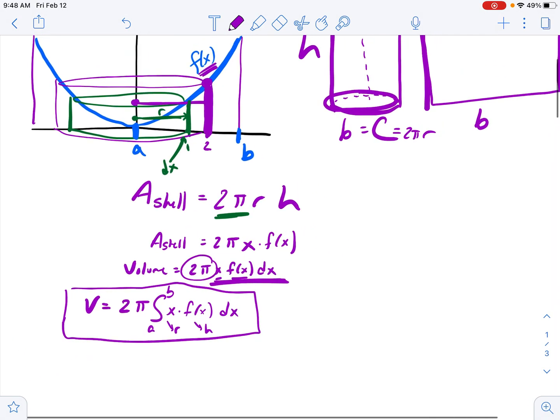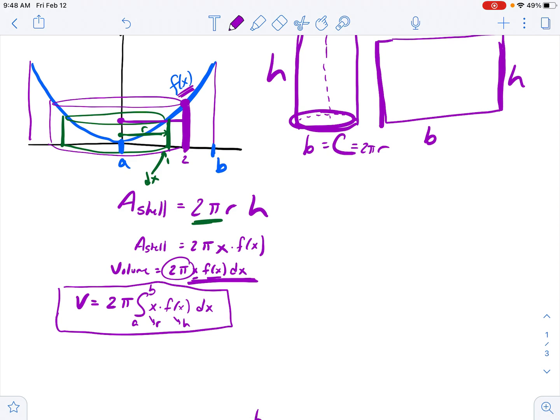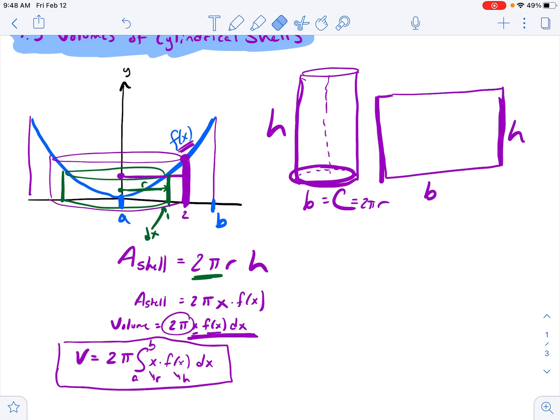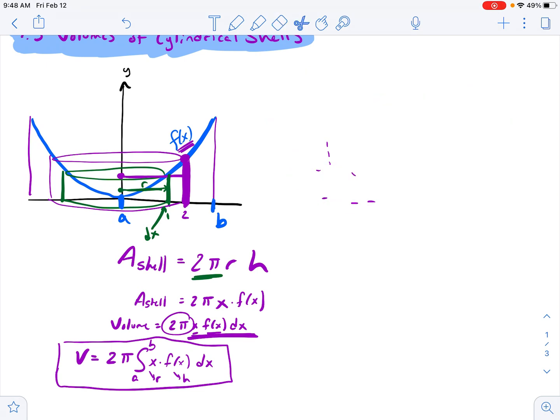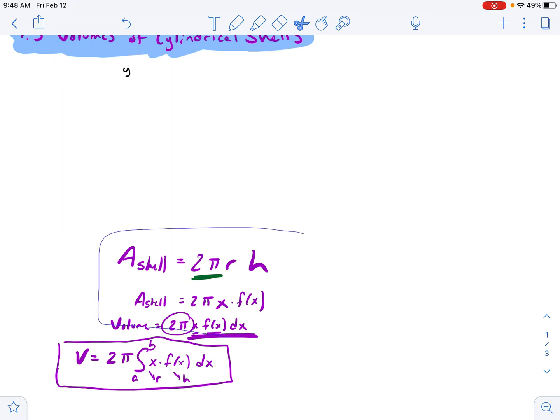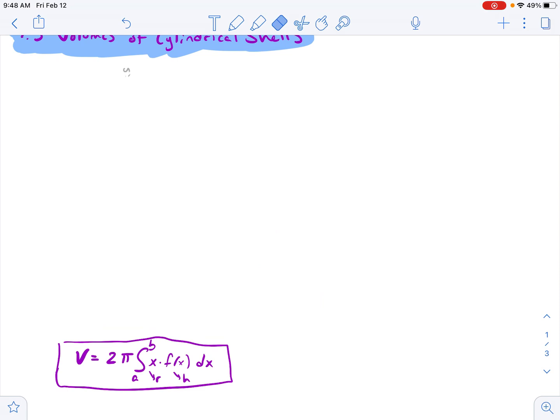Now, are we always going to revolve around the y-axis? No. And are we always going to have a region directly above the x-axis? Not necessarily. So let's talk in more general terms for this stuff. Let me clean this up a little bit, redraw a diagram. I'll leave the basic version of the formula down there.